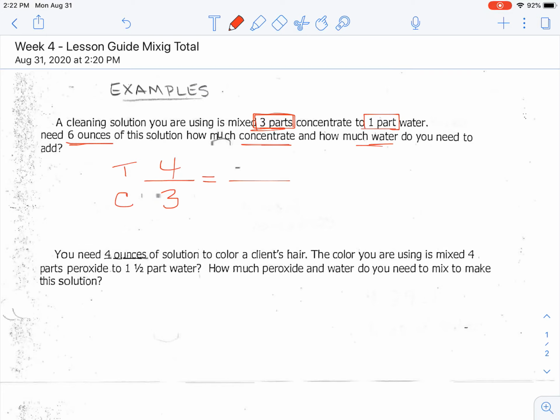We know that we need a total of 6 ounces, so 6 ounces is going to go up here on the upper right hand side because that's where the total goes. And to solve this, you cross multiply and then divide. So 6 times 3 divided by 4 gives me 4.5. And that would be ounces of concentrate, because that's how we set up our proportion.